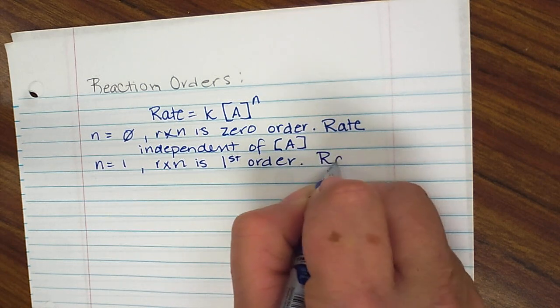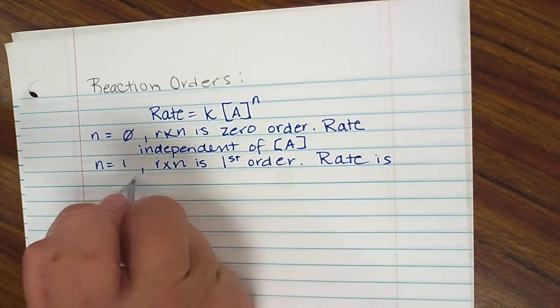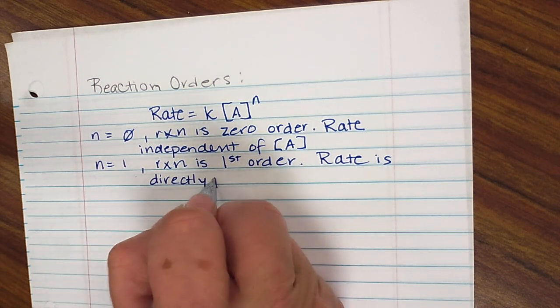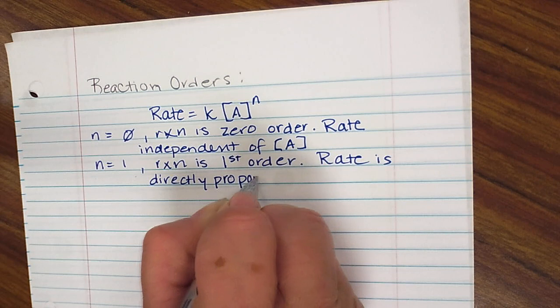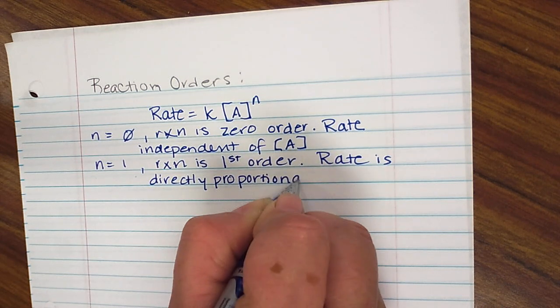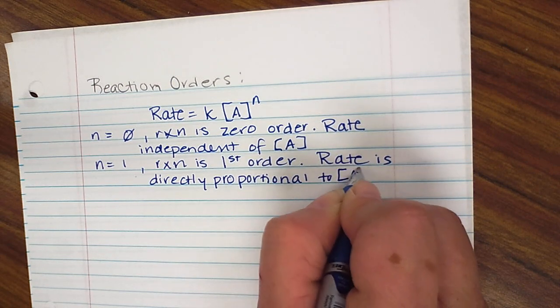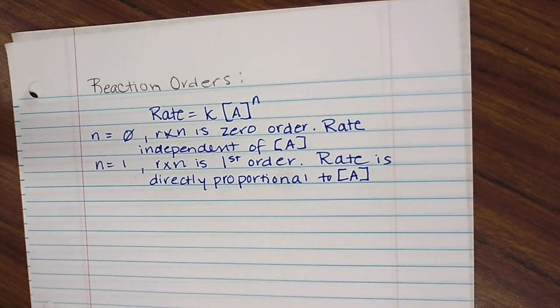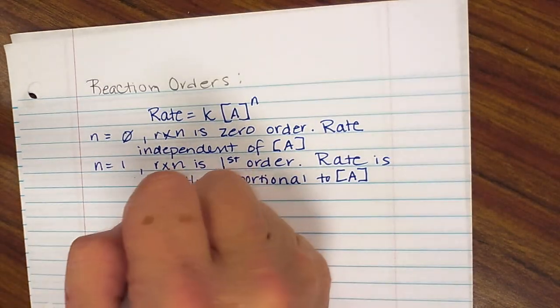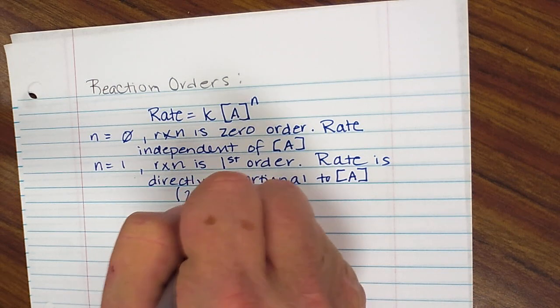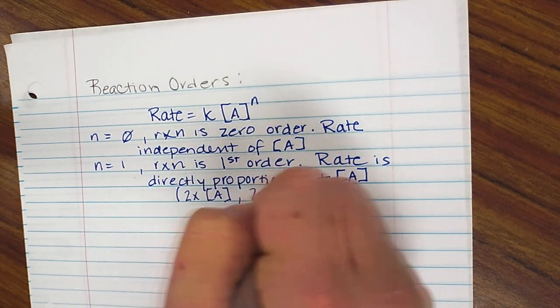The rate is directly proportional to the concentration of A. So if I double A, I'm going to double the rate. 2 times A, 2 times the rate.